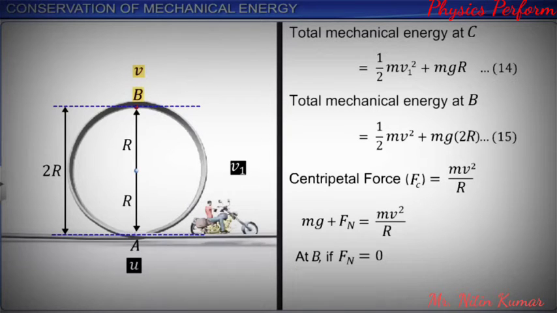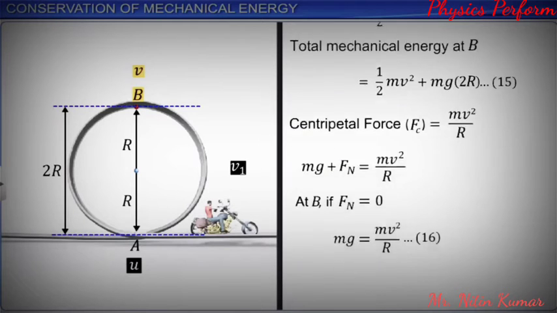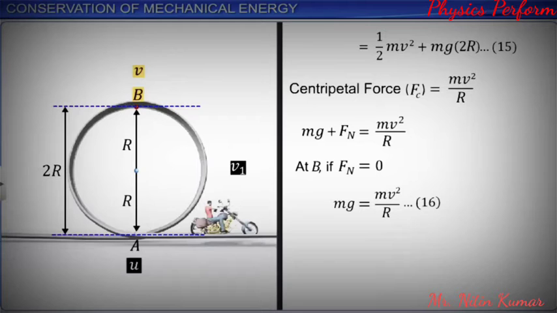To complete the motion along the circular path, the speed at B should be minimum such that the normal force on the bike is 0. Thus, mv square by r must be provided by mg, which is denoted by equation 16. Simplifying for v square, we get v square is equal to gr, or v is equal to the square root of gr. Let this be equation 17, which indicates the minimum velocity at B required to complete one revolution of the vertical circular path.